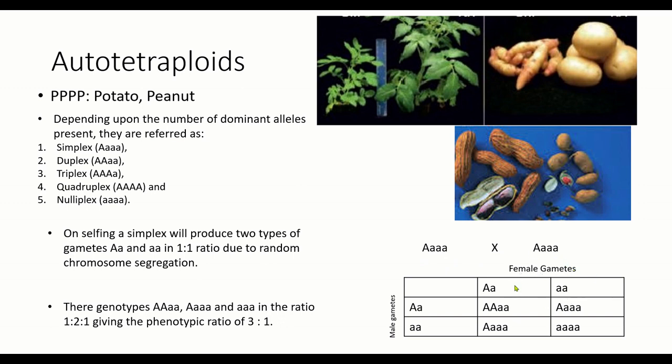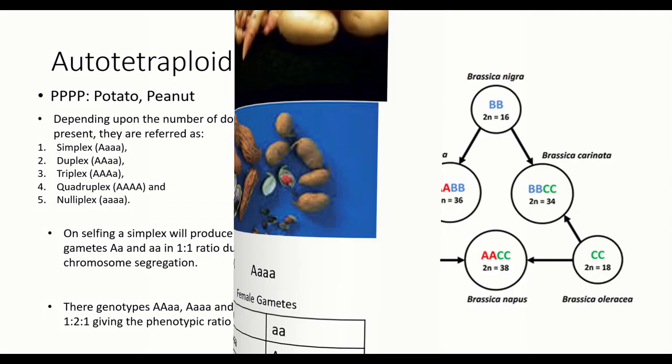The female gametes will produce capital A small a as one gamete and small a in the second. Likewise, the male gametes will also produce the same, so it will yield a progeny of duplex, simplex and nulliplex in the ratio 1:2:1. Do remember this, these are important for competitive exams.